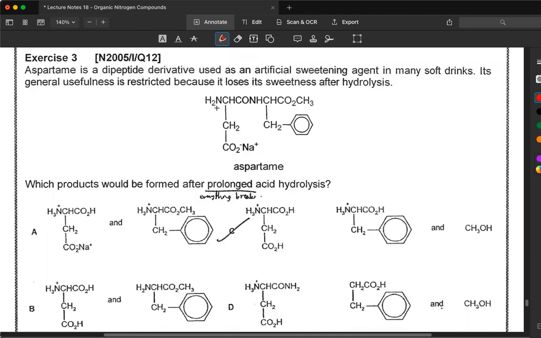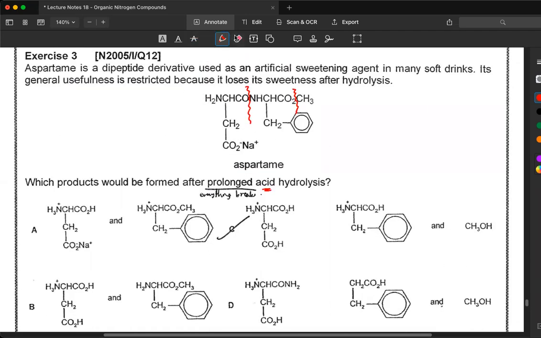So you will have this one break. Because it's acid, this one will be NH3 plus. Then this one breaks. This one breaks, then this one also breaks. The ester linkage also breaks. Okay, I'll remove this. Next one.